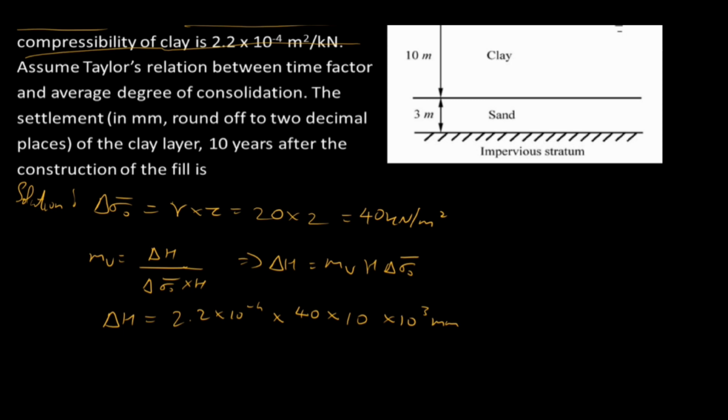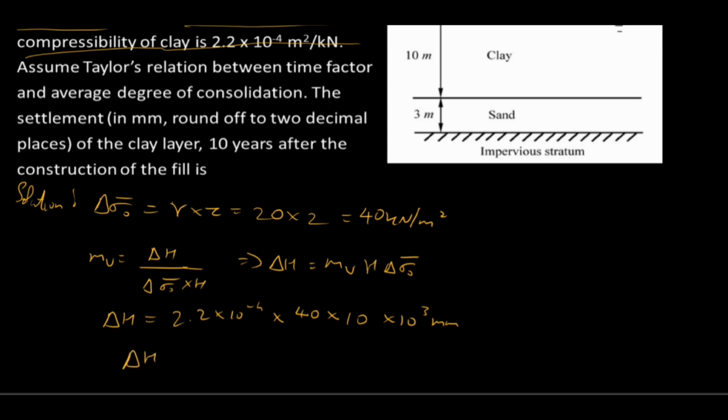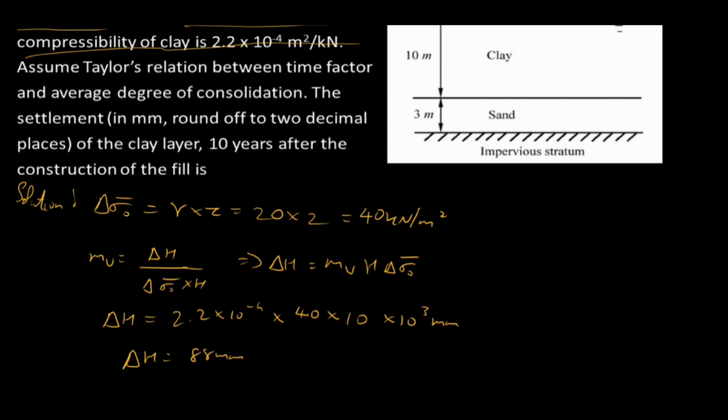We'll get the unit as meter, so we need to convert into mm for settlement. So we are multiplying with 10 cube mm. So we get delta h will be equal to 88 mm.